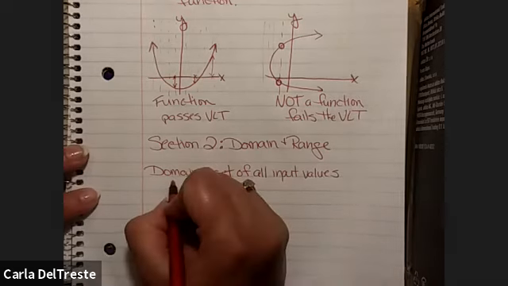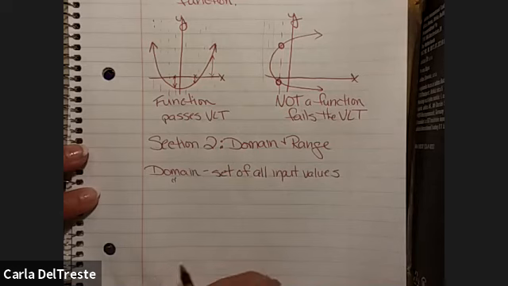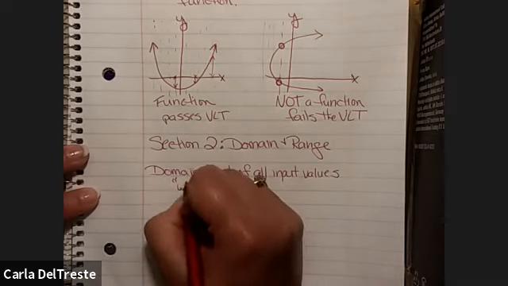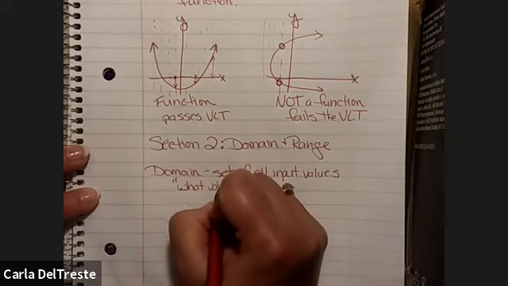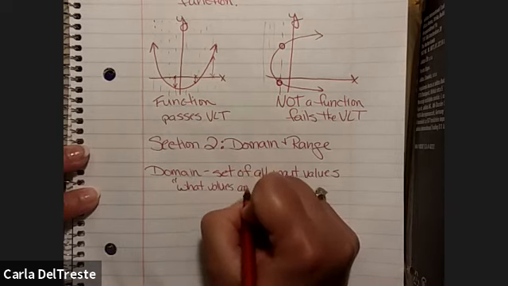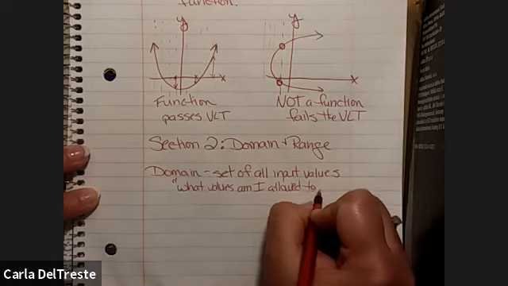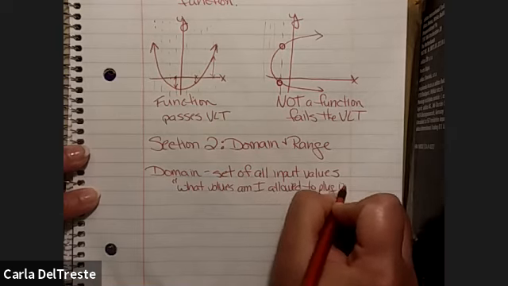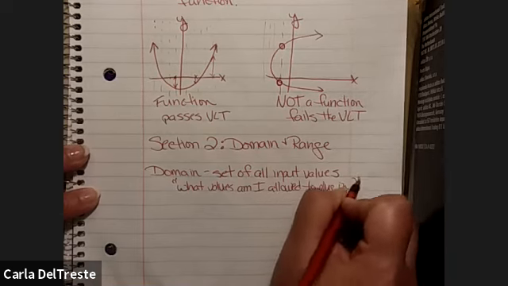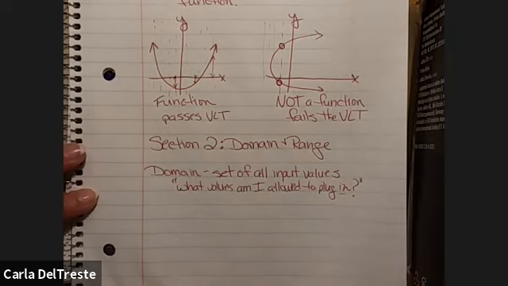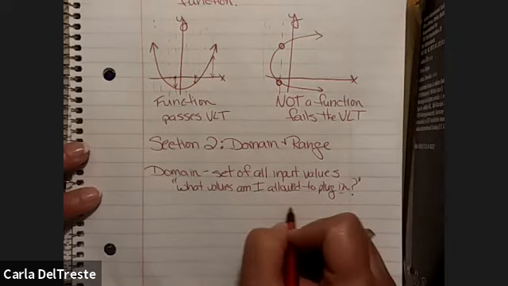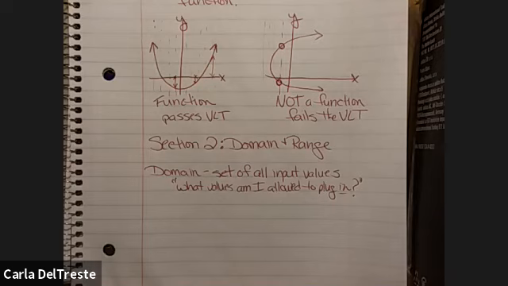So a shortcut question for yourself when asking about domain is, what values am I allowed to plug in? Because you're talking about input, so plugging in. Another key phrase here is allowed, because domain is often connected to a practical example, a real life situation.